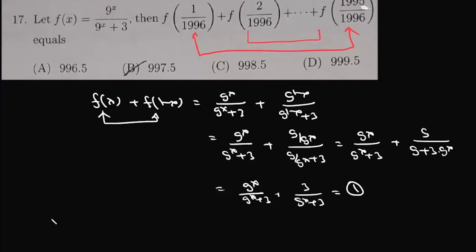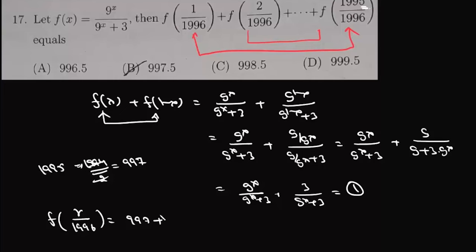So here what we'll do is take the sum of this series f(r/1996). Now the total number of terms is 1995, where 1994 terms will be paired. So for each pair the sum is 1. So the total number of pairs will be 1994 divided by 2, which is 997, plus we have one term which is the middle term.